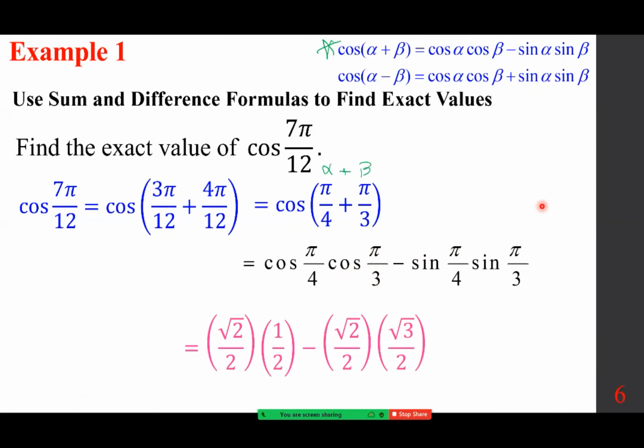Those are all common arcs. The denominator is 4 here. Same thing here. The product of these two is square root of 2. And this one is minus square root of 6. And that's the exact answer. And that's done. So pay attention to the exact answer.